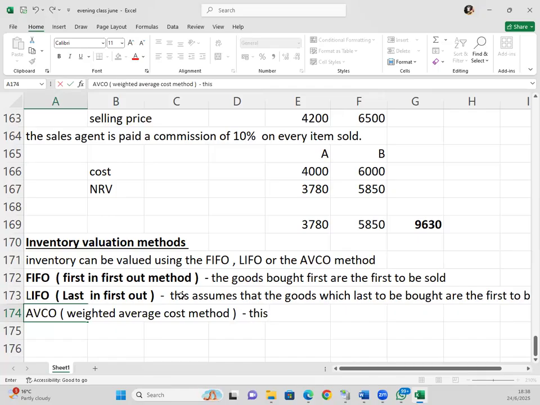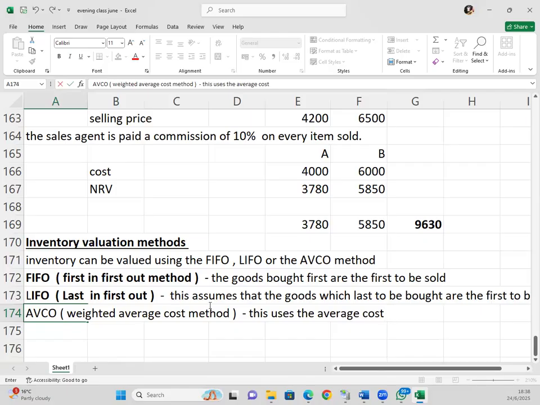This is used when maybe we can't tell which goods came in first and which ones came in last. So this one uses the average cost.